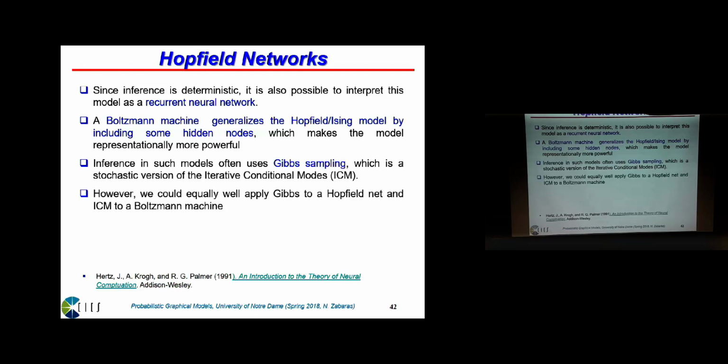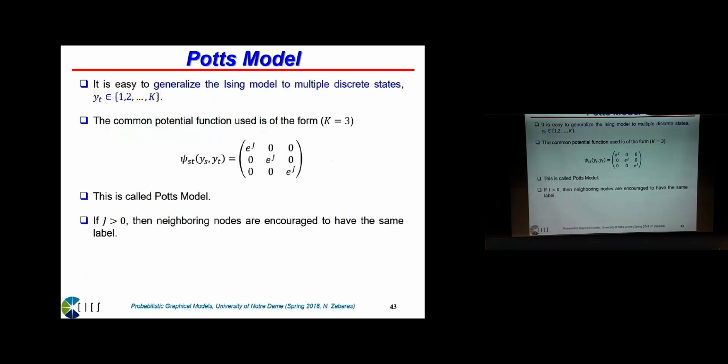Let me finish on this with another name that is very popular in physics, called the Potts model. It's like the Ising model, but here you allow for multiple discrete states. So in the case of 3 discrete states and the same strength of the bonds, J, the tabular form of these potentials looks like this.